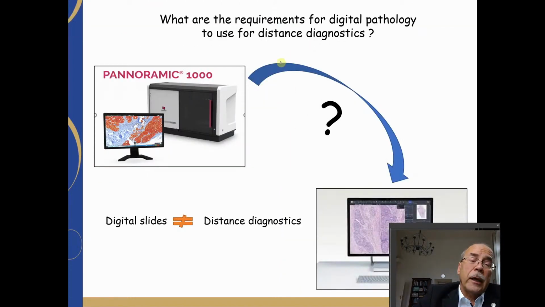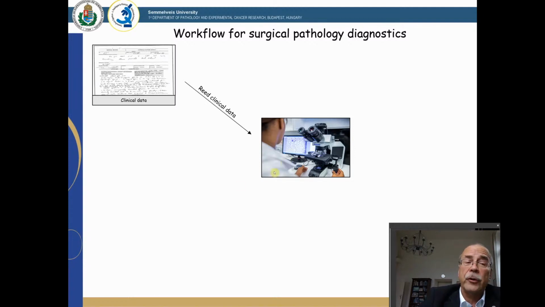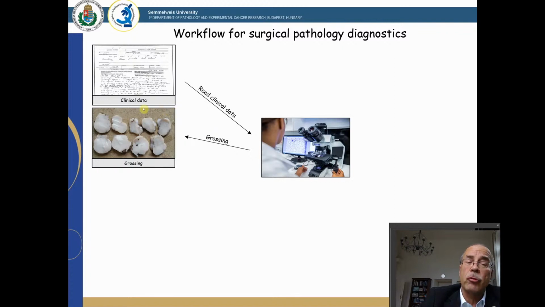When we have a high-capacity scanner and we have digitalized slides, that doesn't mean this is distant diagnostics. Distant diagnostics is a more complex procedure. If we want to see the elements of the diagnostic, we have to see how it is done in the department with light microscopy. First the pathologists have to read the clinical chart and clinical documentation. Based on the clinical documentation, they have to do the grossing of the specimen.